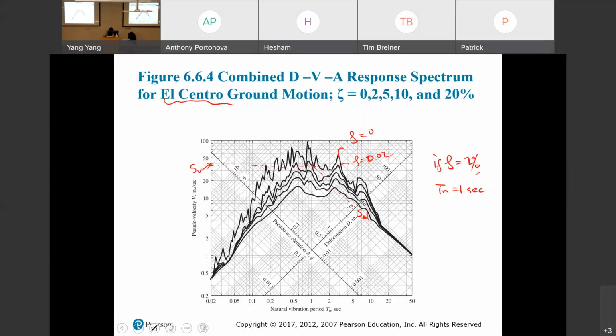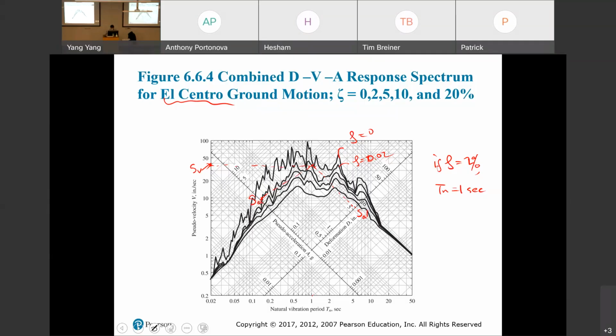And here, this is the pseudo acceleration value. Very convenient for us to tell the response of the structure in terms of displacement, velocity, as well as acceleration very quickly, as long as we have the spectral data.